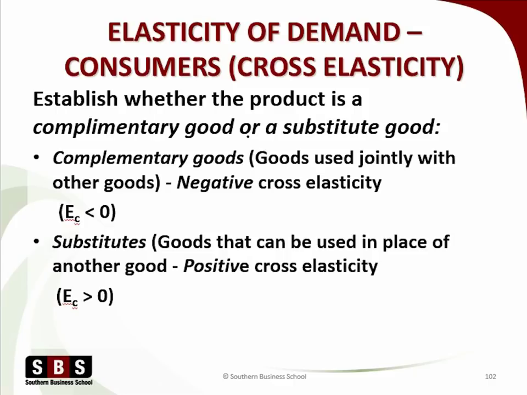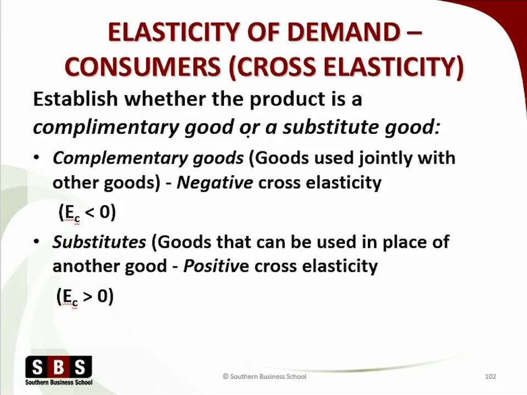Then cross-elasticity. You may just be asked to define this. So you've got elasticity of demand that we've elaborated on. Then income elasticity: you must know what it is and what the effect is on the inferior good and the normal good.